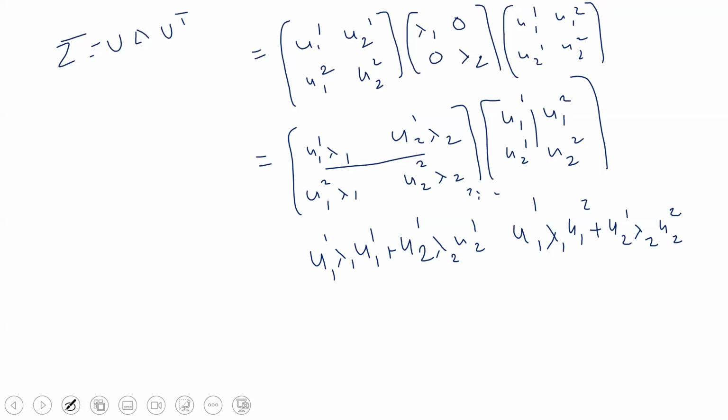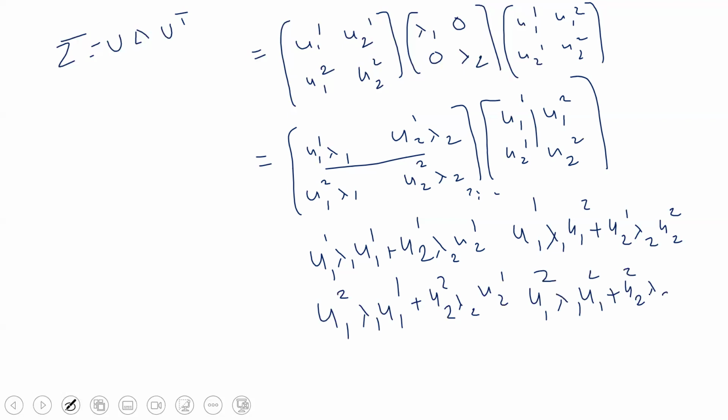The other off-diagonal entry is u12 lambda 1 u11 plus u22 lambda 2 u21, and the last entry is u12 lambda 1 u12 plus u22 lambda 2 u22.